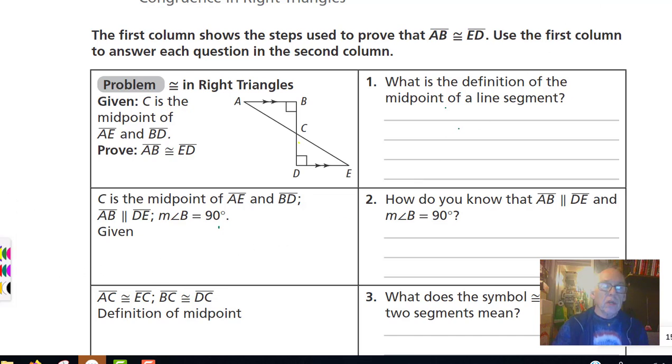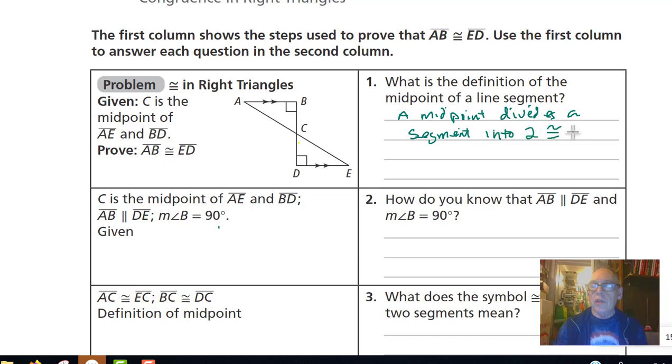Okay, so let's go and answer the questions here. What's the definition of the midpoint of a line segment? A midpoint divides a segment into two congruent parts.